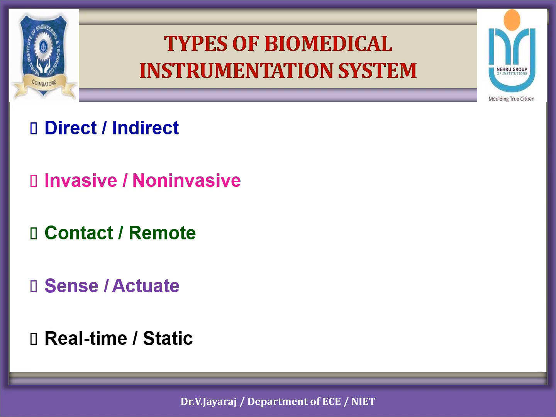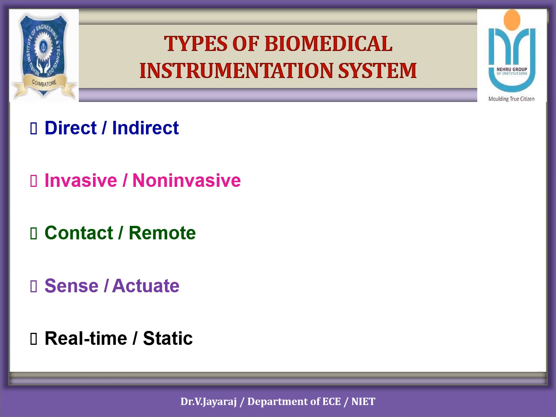Then the second category is invasive and non-invasive. If you use some instruments, they may cause damage to that particular organ. Such instruments are called invasive instruments. Non-invasive means they don't cause any harm to that particular organ. For example, you know what an X-ray is.